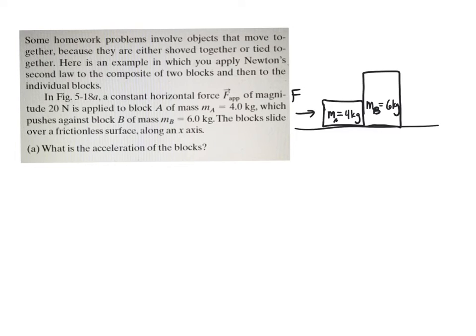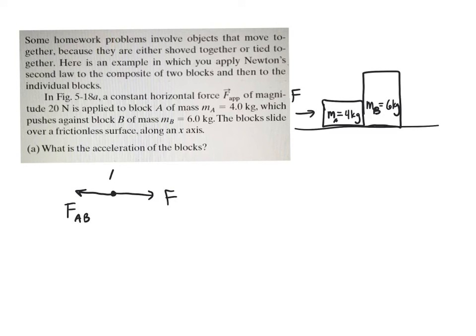So what we can do is we can draw the free body diagram of each block. And then the free body diagram of the system. Both. Let's use the word system from now on. System. So block A, we've got applied force to the right. We've got the reaction force, a force on block A from block B. My subscripts are going to be really important here.